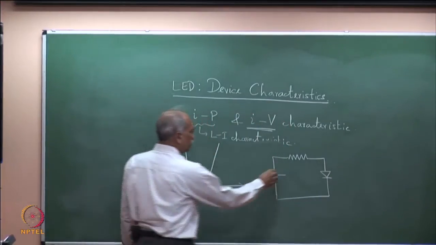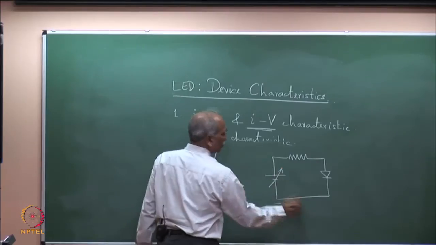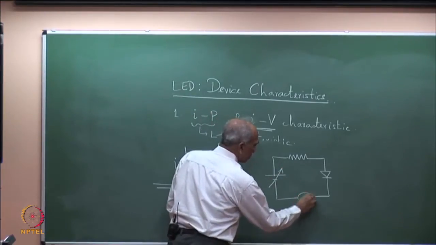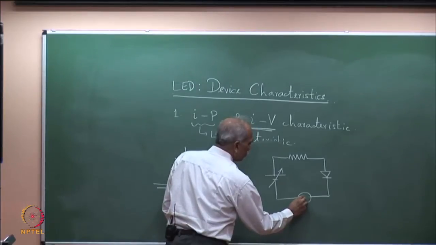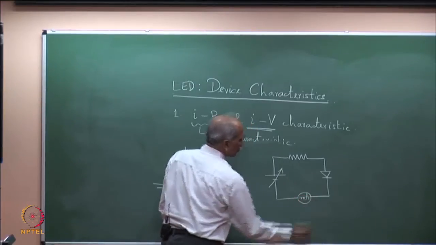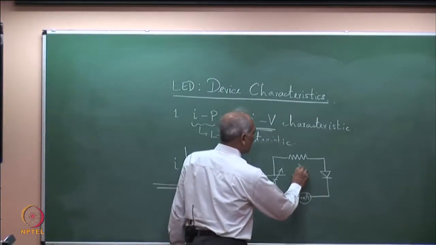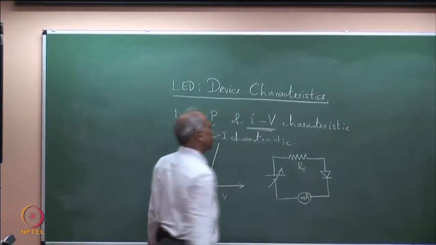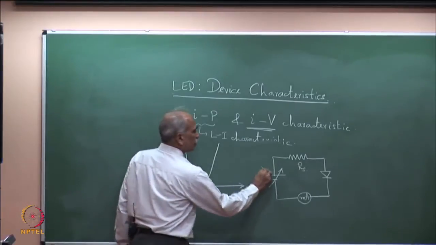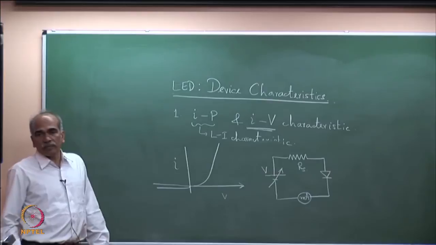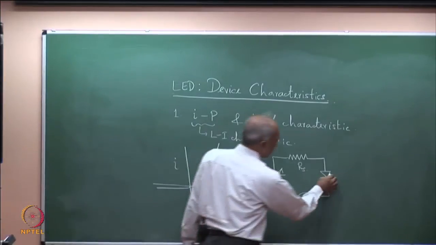You can vary the voltage and you can measure the current. So, I in mA, and Rs, a series resistance. Simple IV characteristics, and the LED gives out light.